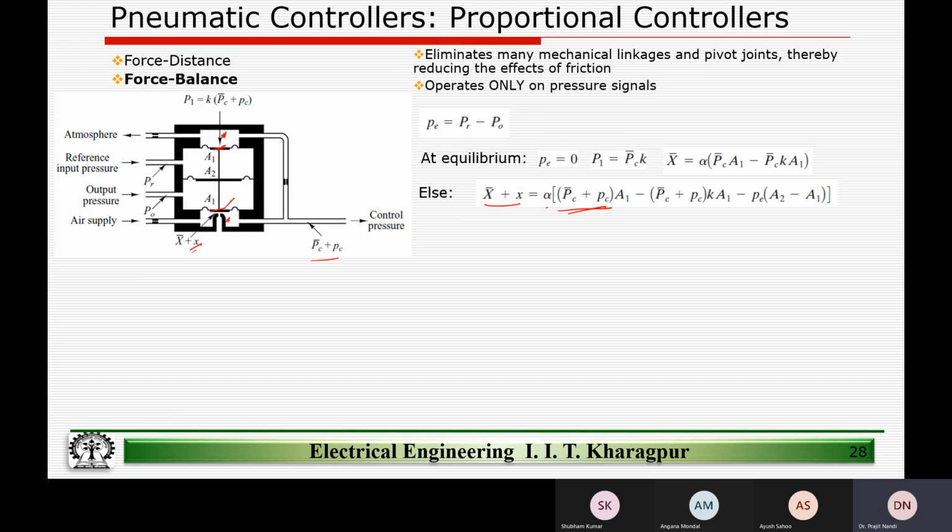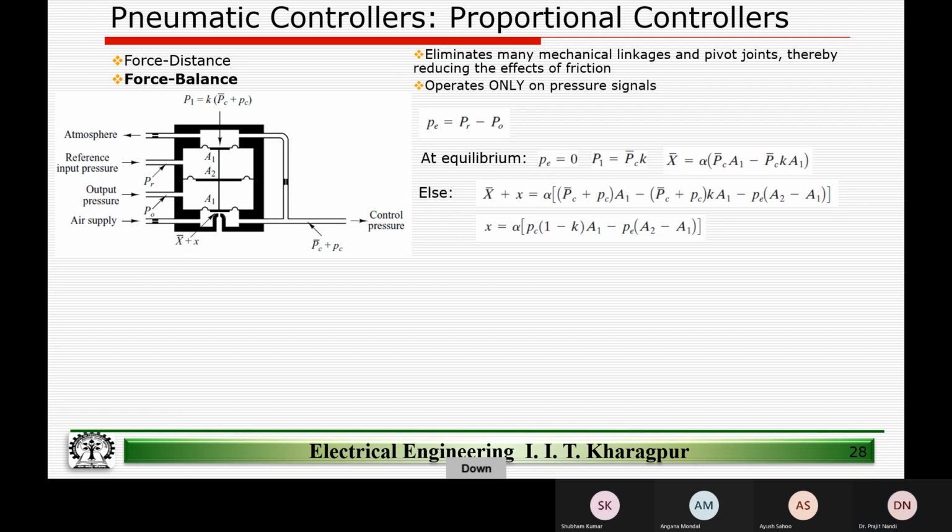Note that this area and this area are made the same, minus, look at this term, and this is coming because of the error signal. This is A2 minus A1, right? So this is the pressure that we are applying on A2 minus A1, and that will be multiplied by the error signal here. So if you do a force balance equation at this point, you end up with this.